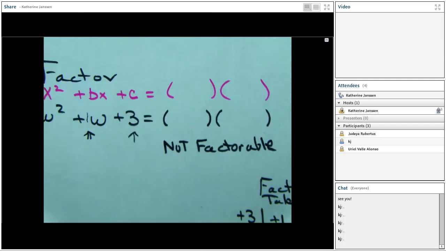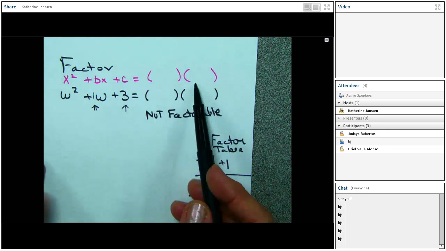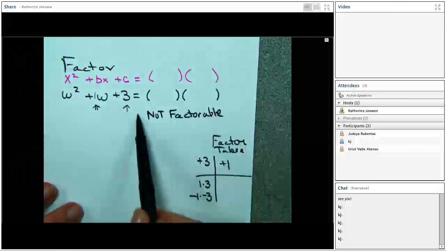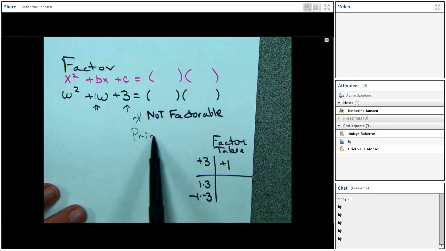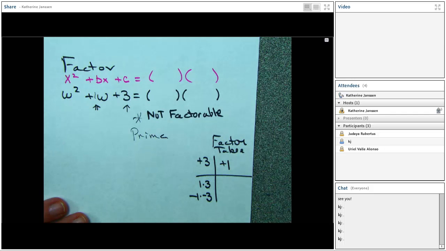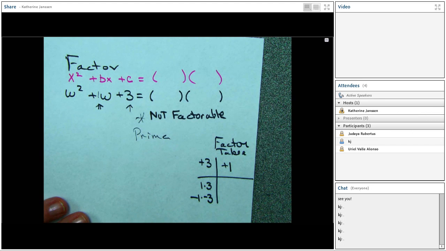A hint when you are factoring trinomials as the product of two binomials, these special cases: likely you're going to see some prime numbers involved. Because with prime numbers, there is a very limited number of factor pairs. The number itself times 1, or you have your sign control, negative 1 times a negative 3.